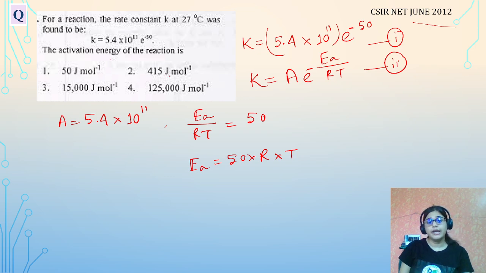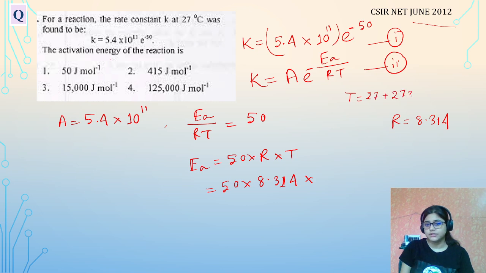Here the answer is given in joules. So 50 into, in joules R value is 8.314. So 8.314 into temperature, which is 27 degrees Celsius, but here we have to put Kelvin. So T is 27 plus 273, which means it will be 300.